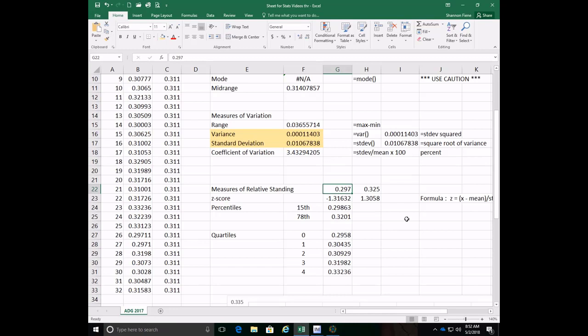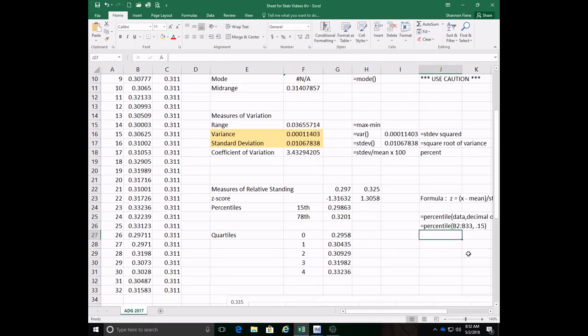And finally, I'm just going to type in our formulas over here. To do a percentile, it's equals percentile, open parentheses, you put in your data, and then you put in the decimal of the percentile. For example, we did percentile, B2 to B33, and then we put in 0.15.